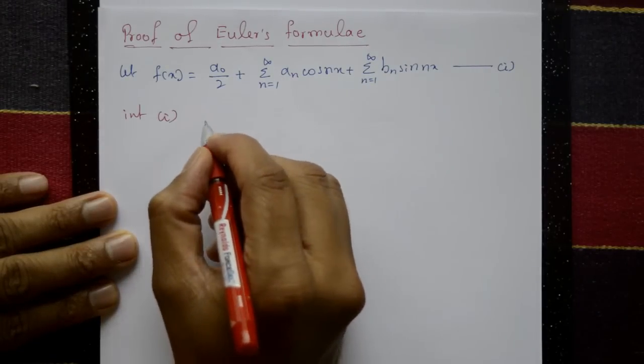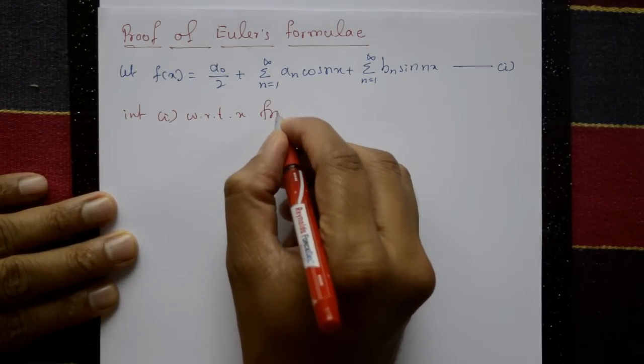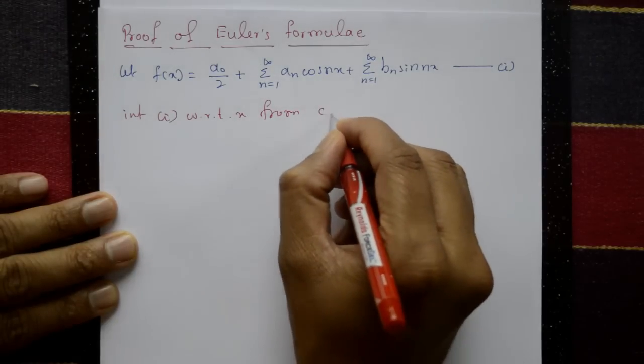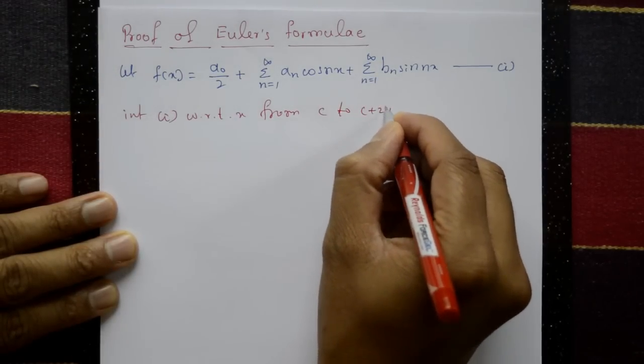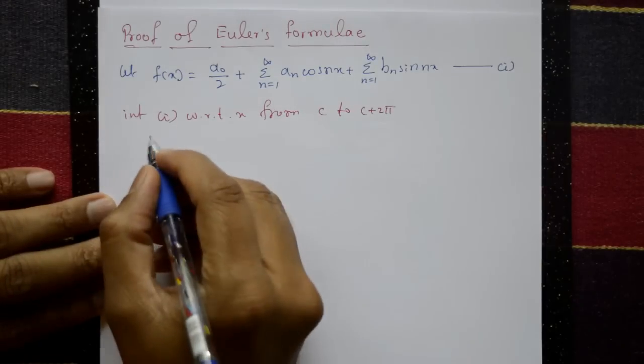Integrate equation number 1 with respect to x from c to c plus 2 pi. The whole equation you integrate with respect to x.